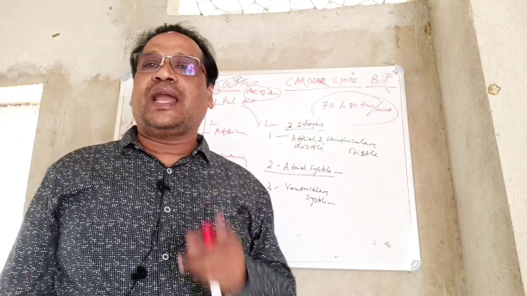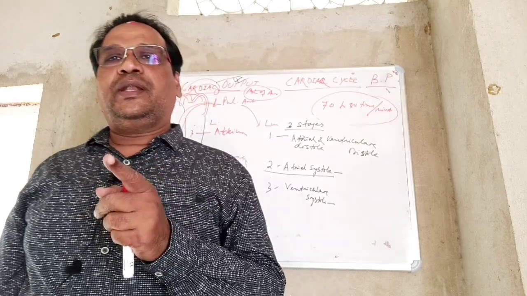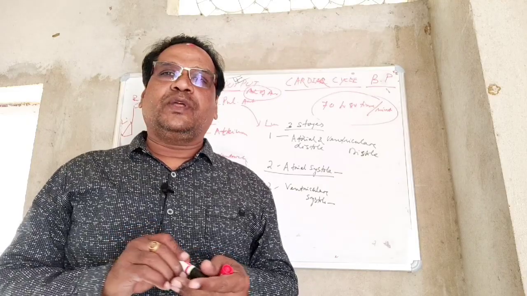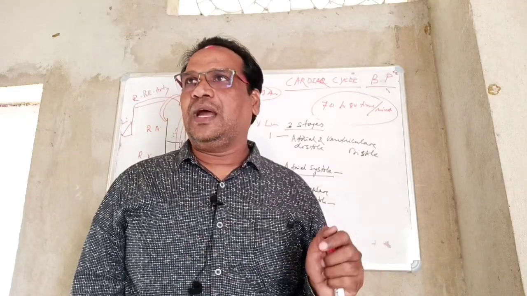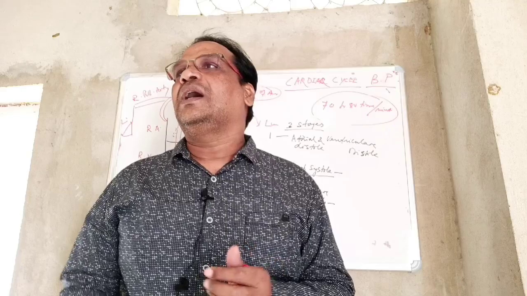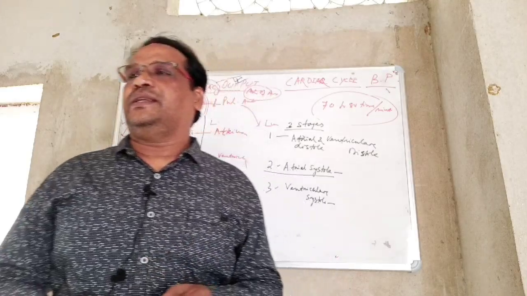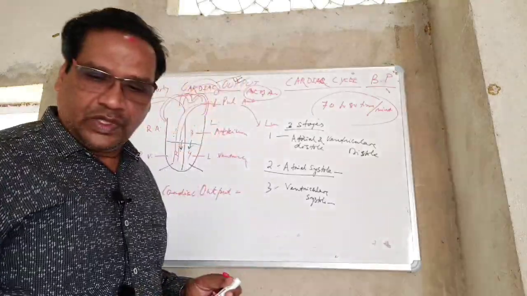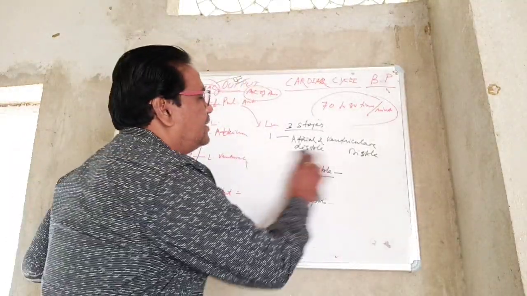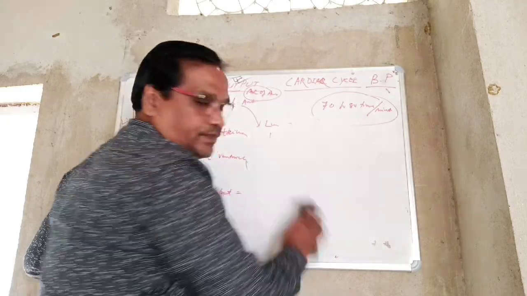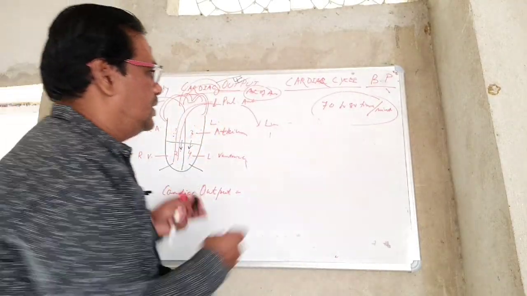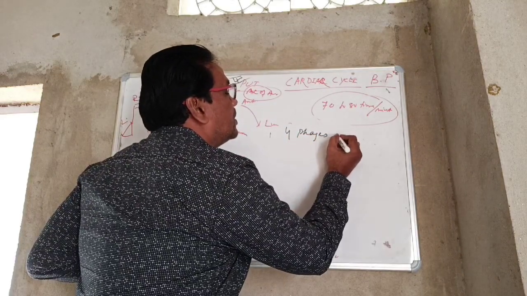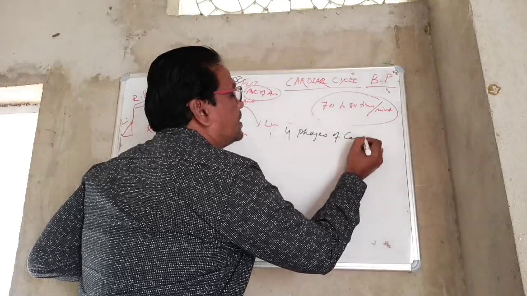The cardiac cycle lasts 0.8 seconds, beginning from the diastole of the heart. And another thing, there are four phases of the cardiac cycle.